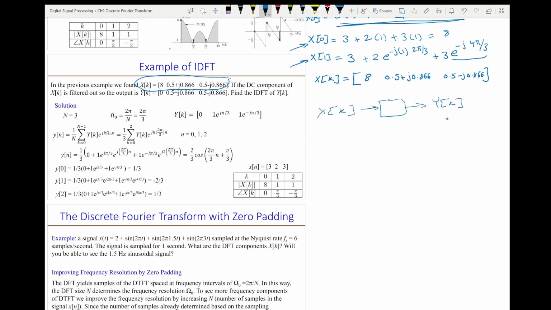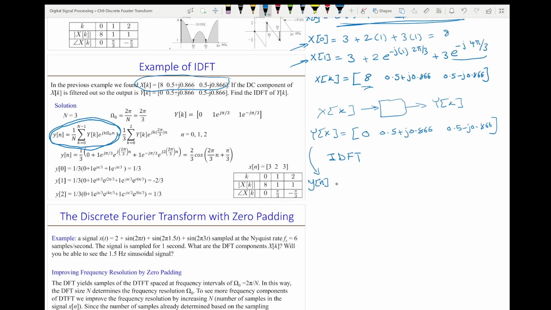So Y of k consists only of the following. The DC is eliminated, so that's 0, then 0.5 plus. And now I want to find what is the signal y of n. So now I have to do the inverse discrete Fourier transform, which is defined by this equation here.